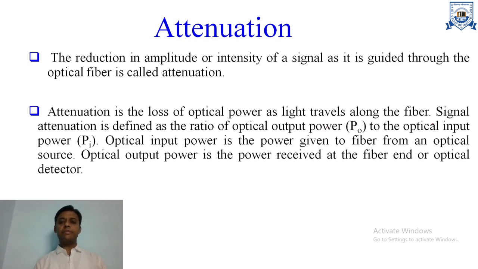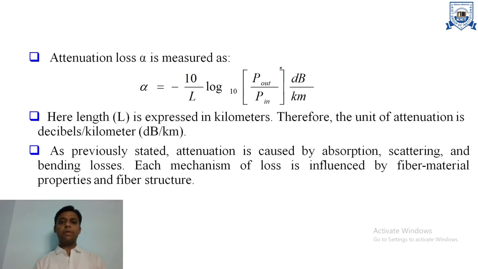We can define attenuation by the term alpha, and with the help of this term we can calculate the attenuation in optical fiber. Here alpha is equal to minus 10 divided by L, log10 of P out upon P in. One important point here: L represents the length in kilometers, P out is the power at the output end, and P in is the power at the input end, and the unit is decibel per kilometer.